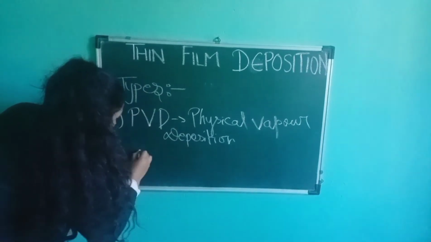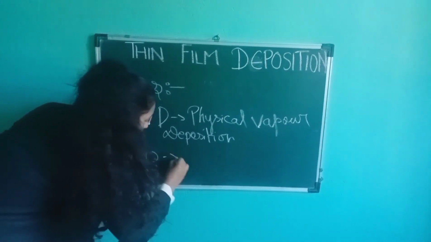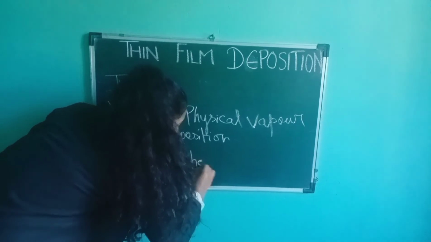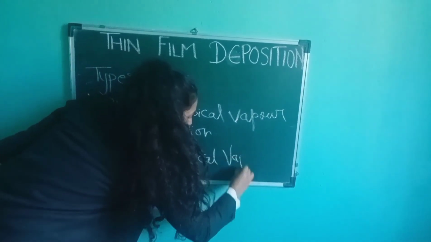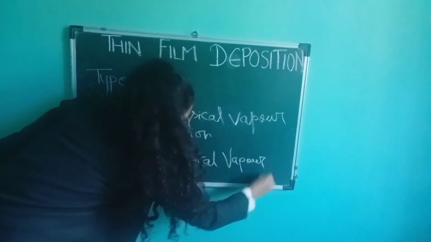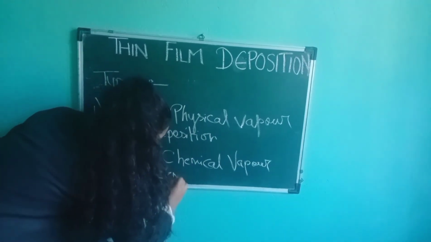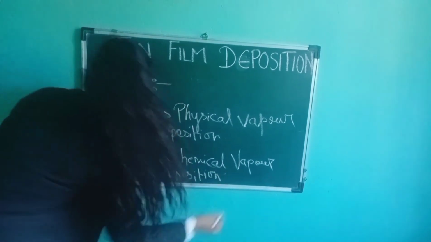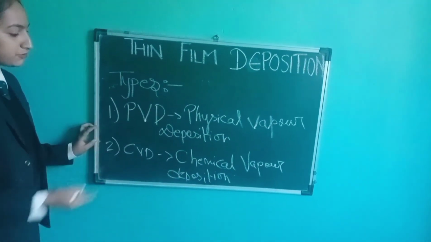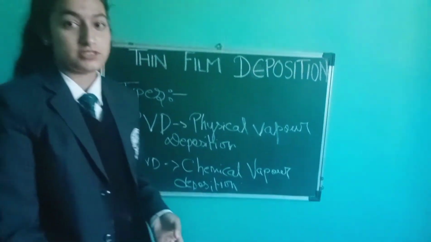Number 2, CVD, chemical vapor deposition. So we have physical vapor deposition and chemical vapor deposition.